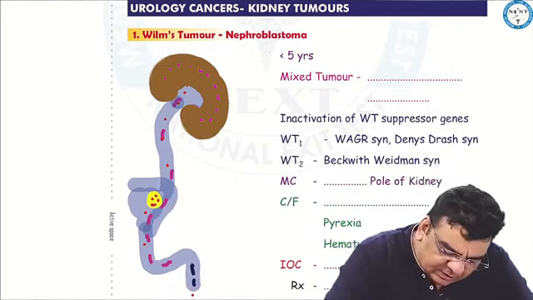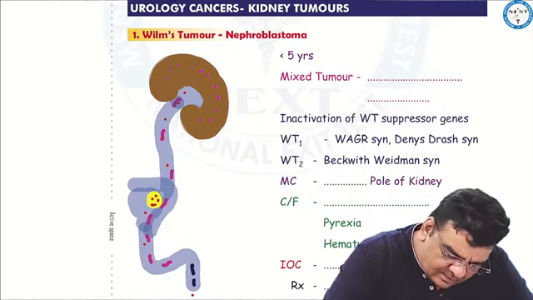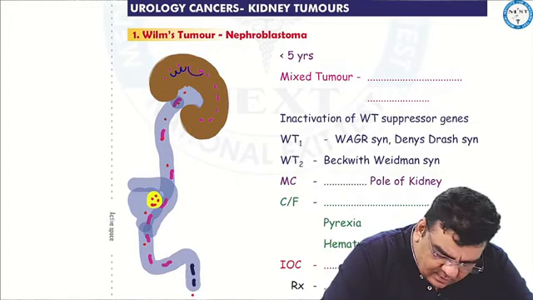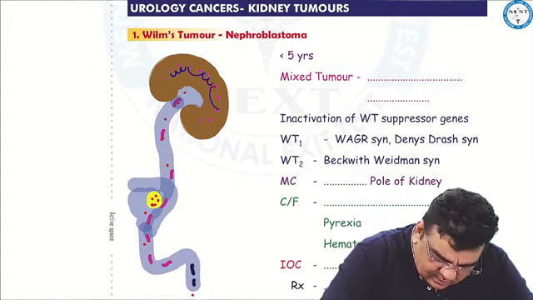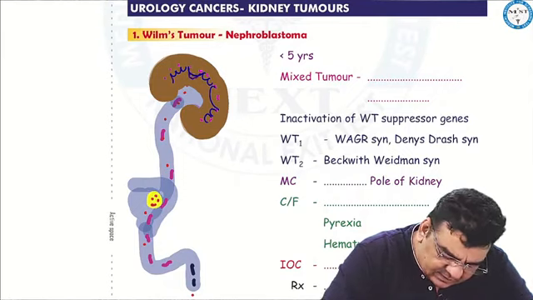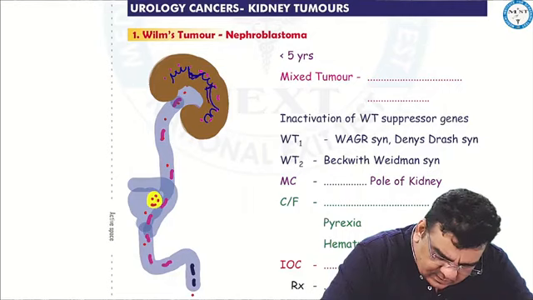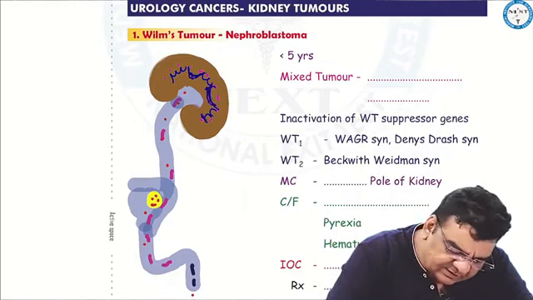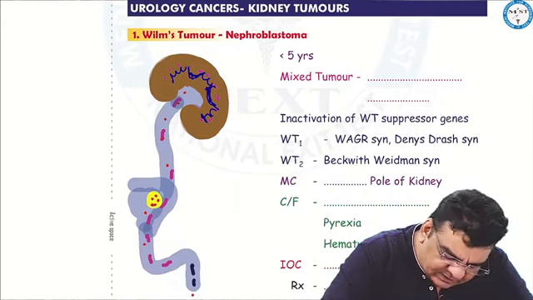The collecting ducts open in the minor calyces, which form the major calyces. And these major calyces form the renal pelvis.